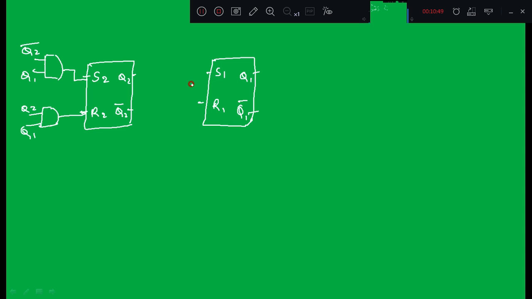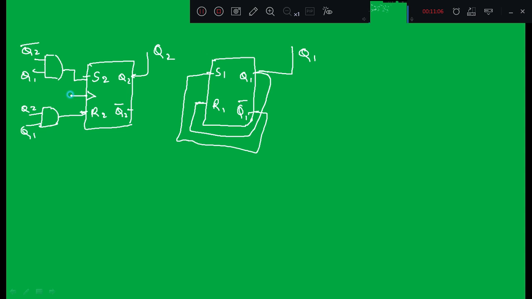S1 is Q1 bar and R1 is Q1. These are the two outputs, Q2 and Q1. And we need to connect a common signal to both flip-flops, which we call the clock.